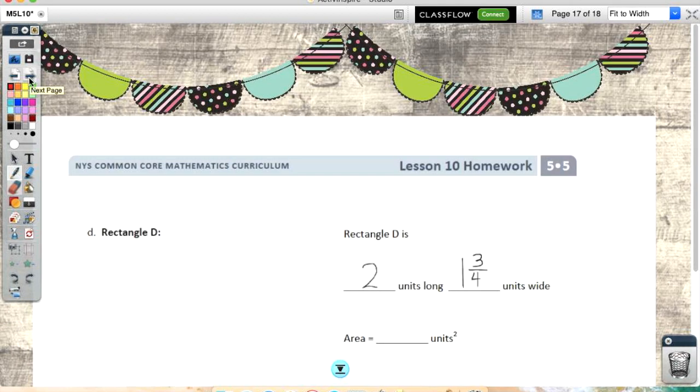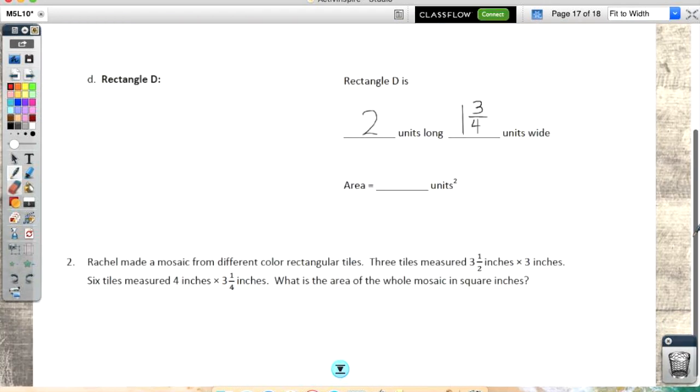Rectangle D. Okay, let's just draw an area model. The 2's at the top. 1 3/4 on the side.